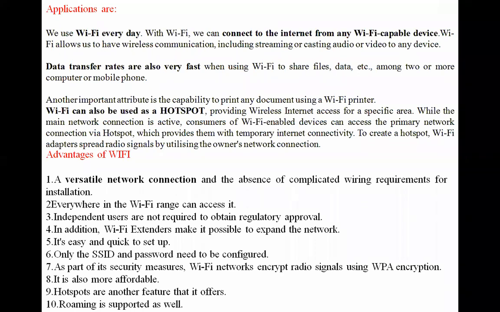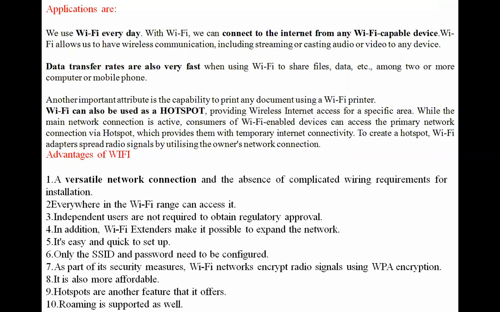To create a hotspot, Wi-Fi adapters spread radio signals using the owner's network connection. You are the owner of this Wi-Fi and this hotspot. To whom you give net access depends on you.